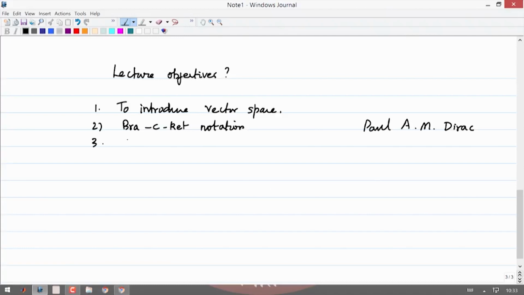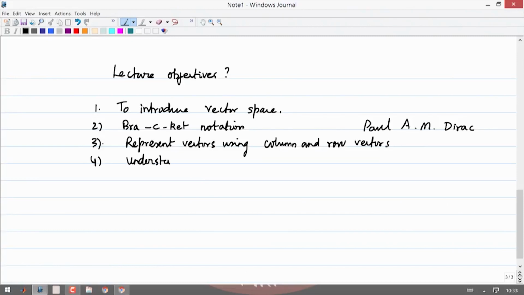To represent vectors using matrices, basically column and row vectors, understand scalar products and norms of vectors, all using matrices.